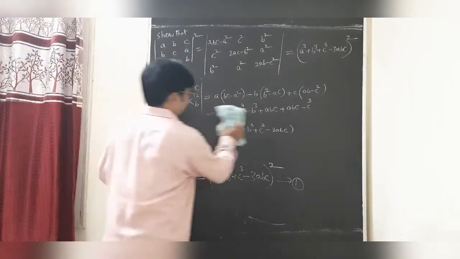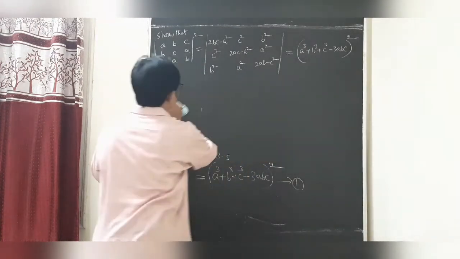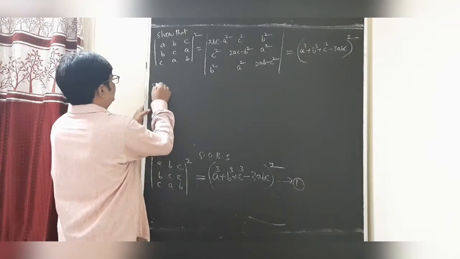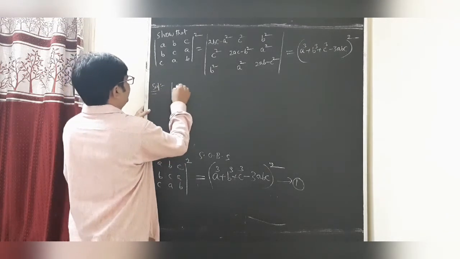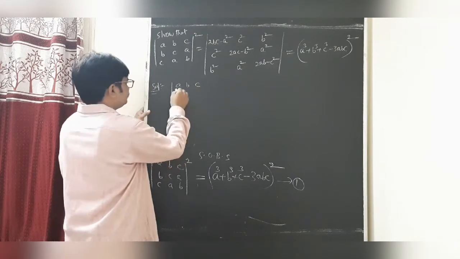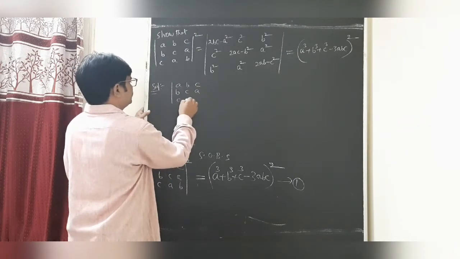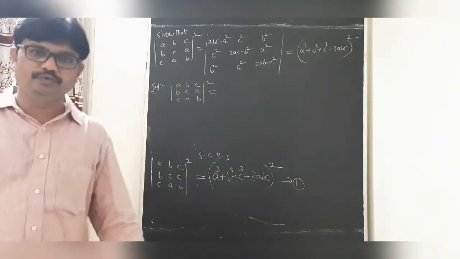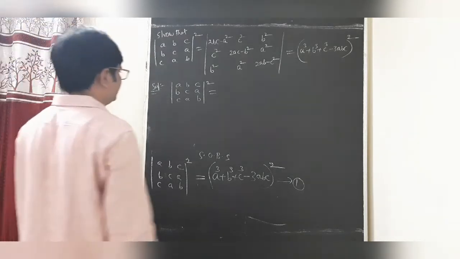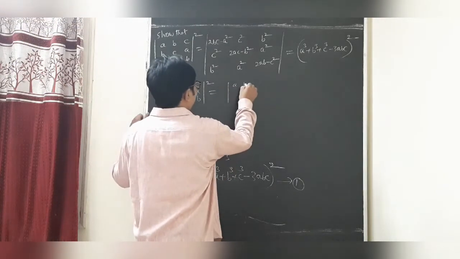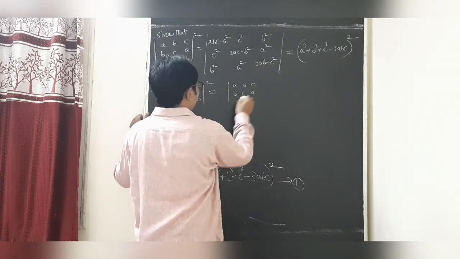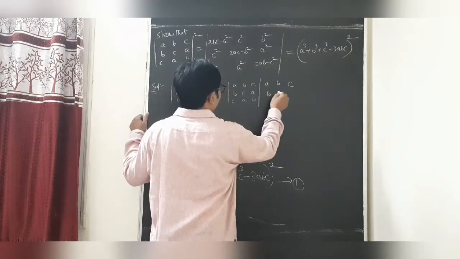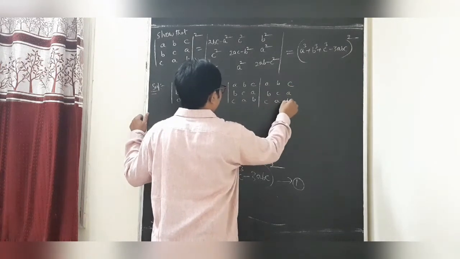So how to prove the second part? The second part is the determinant ABC, BCA, CAB whole square. First we take the determinant 2 times, ABC, BCA, CAB and ABC, BCA, CAB.